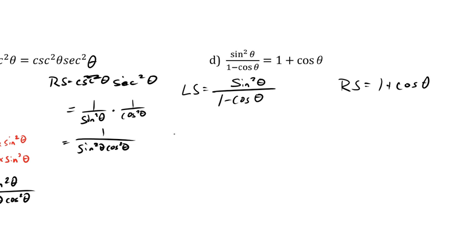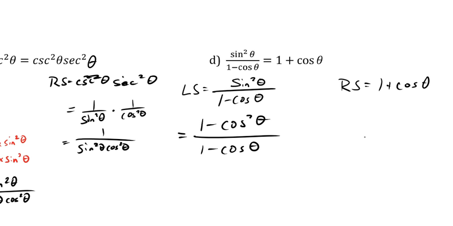So what I'm going to start with on the left side is turn this into 1 minus cosine squared theta over 1 minus cos theta. That is not 1. That's not something divided by itself. It's not even close because it's cosine squared theta and just cosine theta on the bottom. So there's nothing much that I can do there.